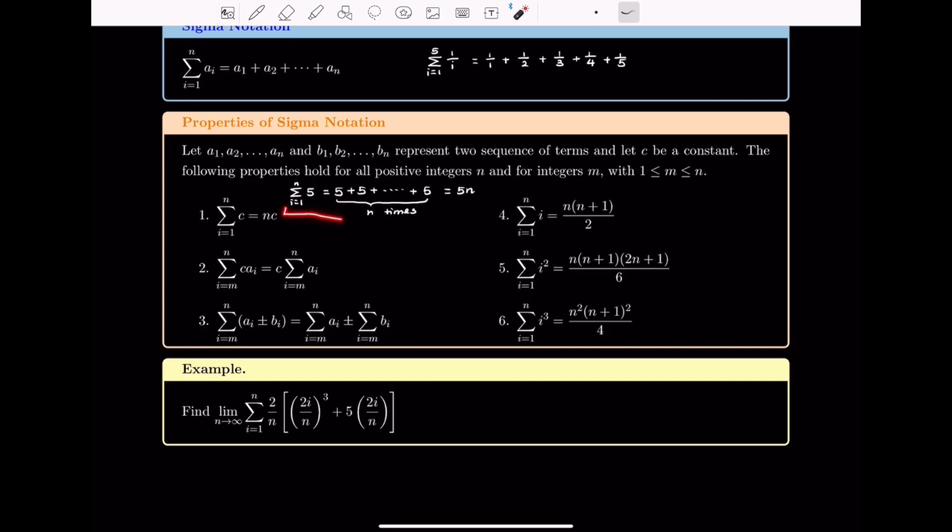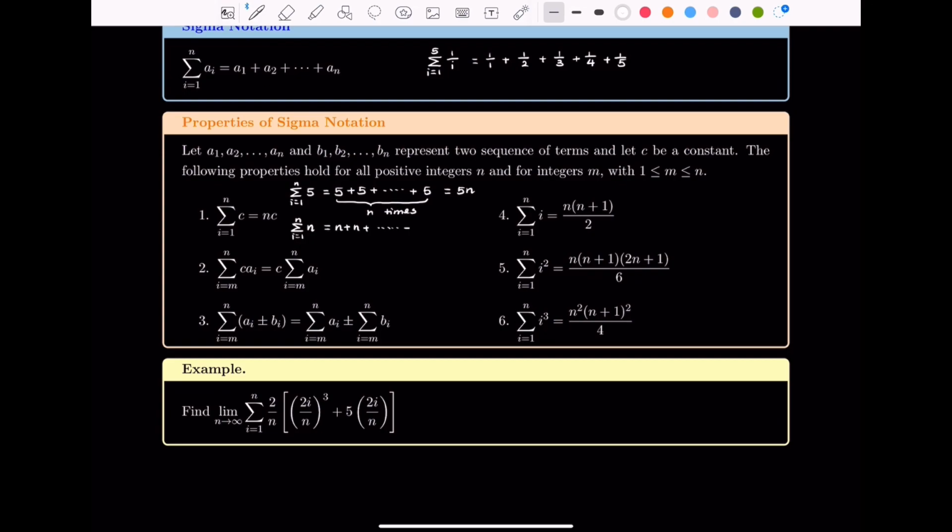Notice that the c does not have to be a specific number, so sometimes you can use a variable, as long as it's not going to change when i changes, then we consider it as a constant. For example, what you'll probably see the most is if I put n here, what's going to happen? I'm going to add n, where n is a natural number, to itself n times.